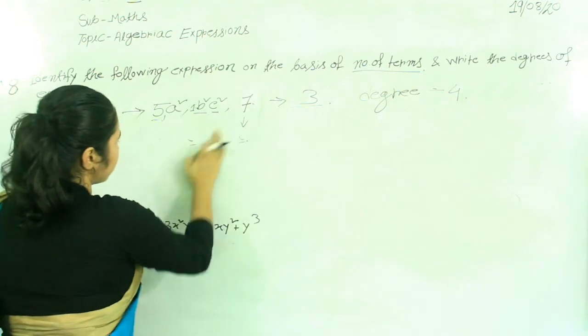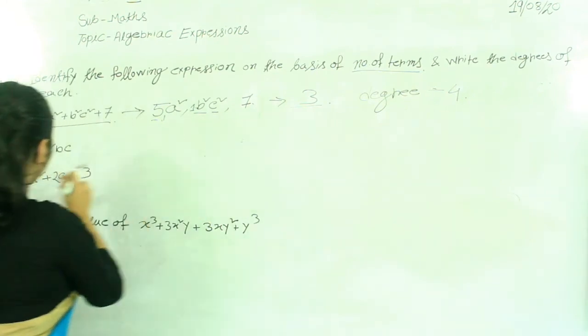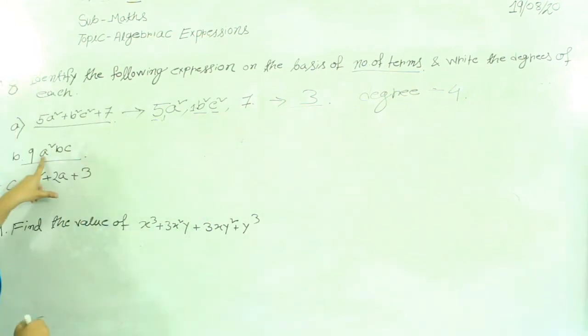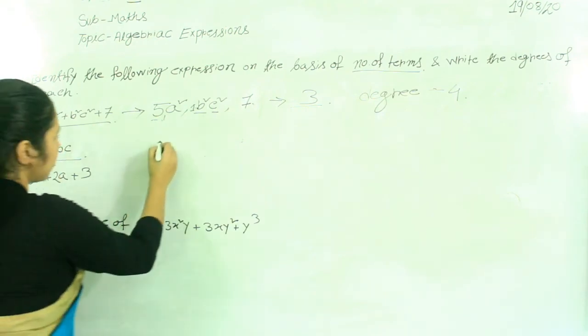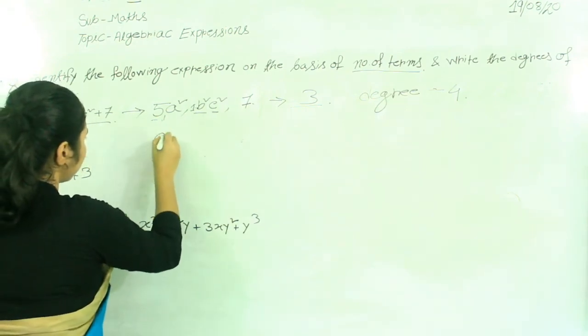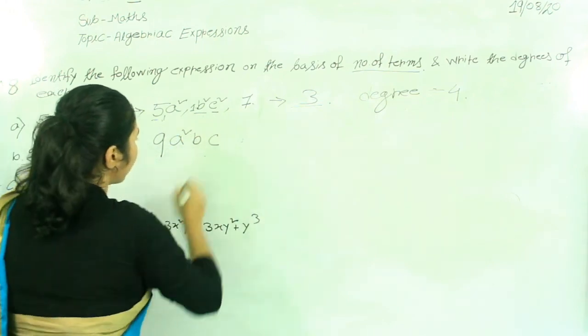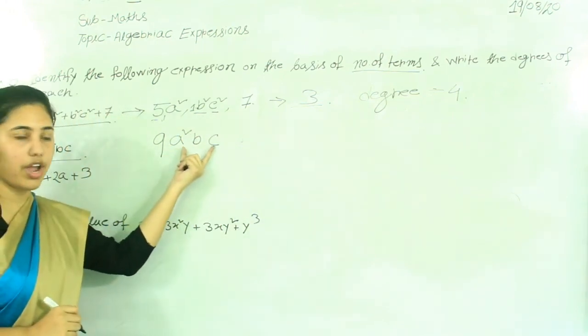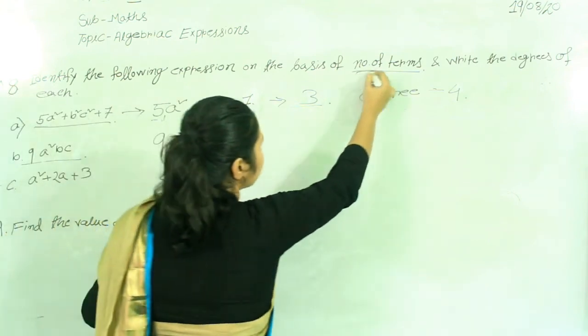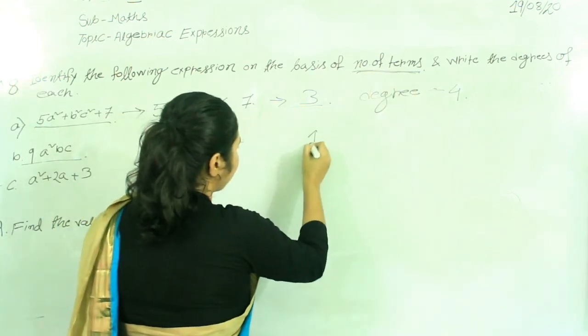Next, 9a square bc. This expression has only one term, 9a square bc, which means the number of terms is 1.